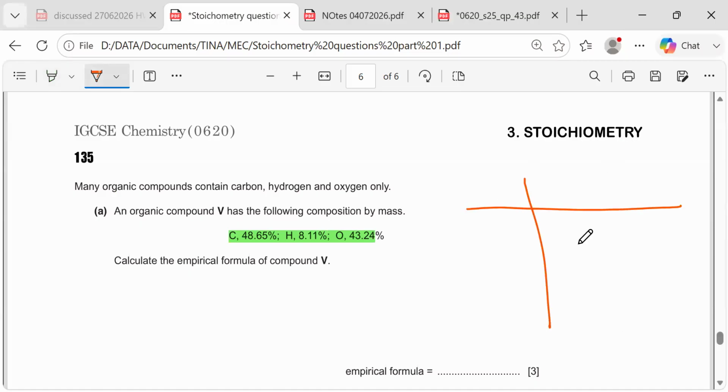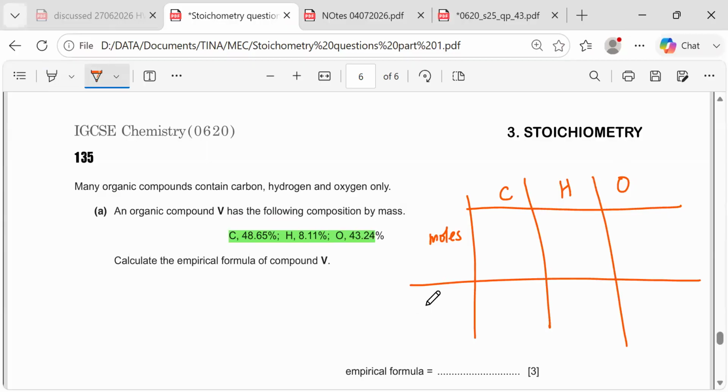Carbon, hydrogen, oxygen. First, you find the amount of moles, then you find the ratio. You take this as mass. Mass over molar mass, mass over molar mass, mass over molar mass. Carbon is 12, oxygen is 16, hydrogen is 1. Do it now. Hurry up.